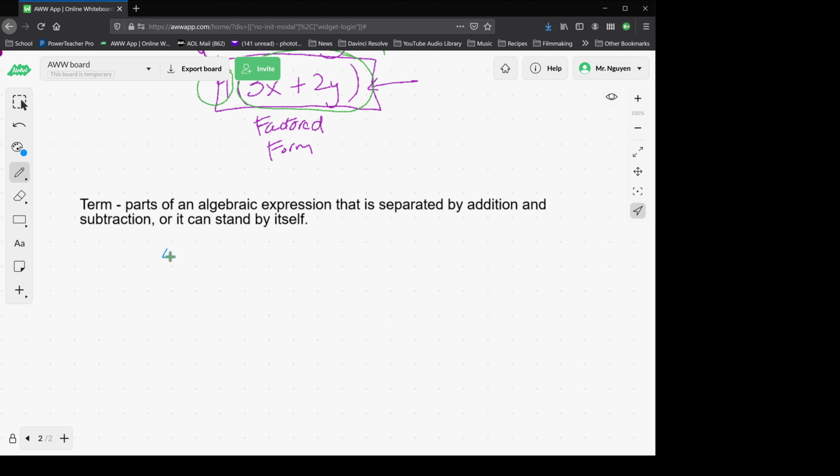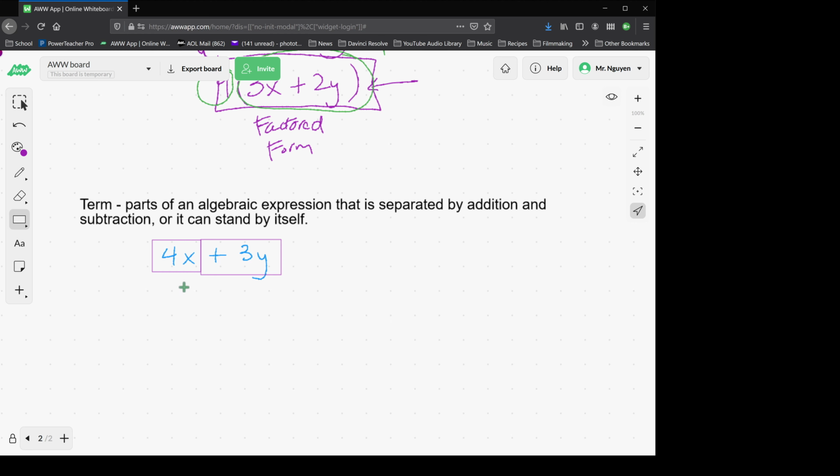So if you have 4x plus 3y, you have two terms. The boxing thing that I asked you to do, how I asked you to box this and then box this if you want to simplify, what you're really boxing are the terms.